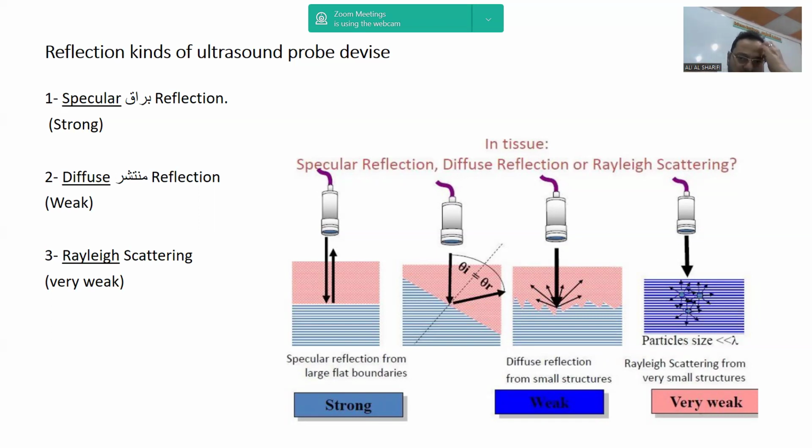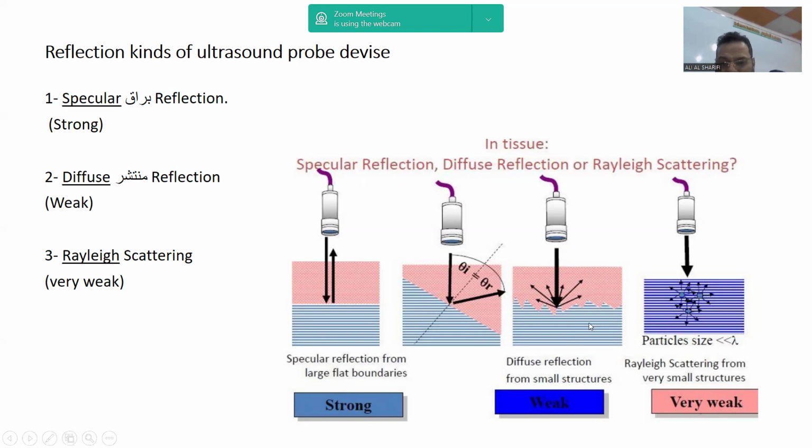Okay. The second one is the weaker kind of reflection of ultrasound. We can say the diffuse reflection. It deals with two situations. With some angle, we have some reflected waves, but out or far away from the probe.